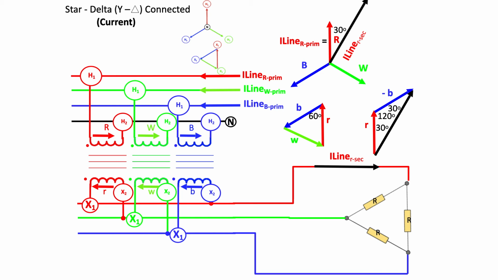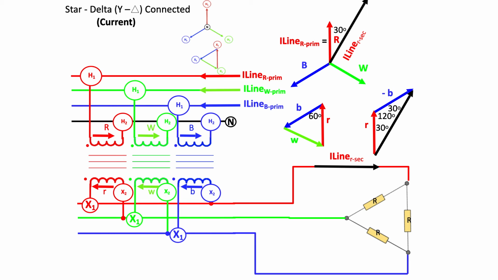So we can see that the I line R secondary will lag the I line R primary by 30 degrees. Or generally speaking, we'll say that the secondary lags the primary by 30 degrees, because we've just done the investigation for just one line, the I line R secondary.